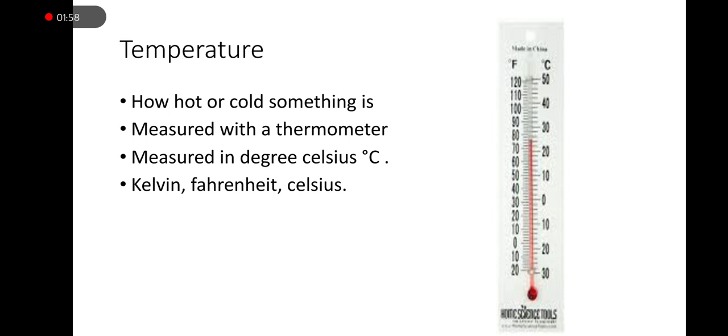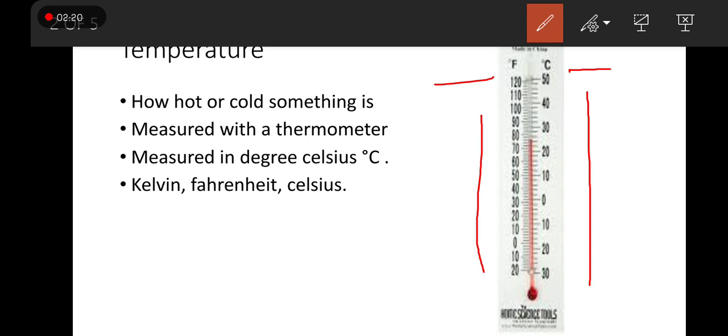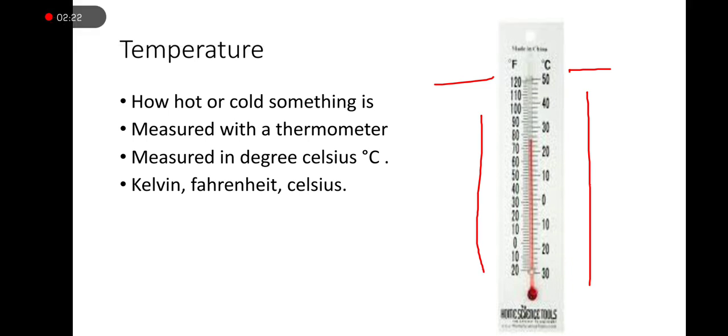It is measured in degrees Celsius, Kelvin, and Fahrenheit. So we use these three units to measure temperature. In this picture you can see easily the Celsius and Fahrenheit scales and their numbers.